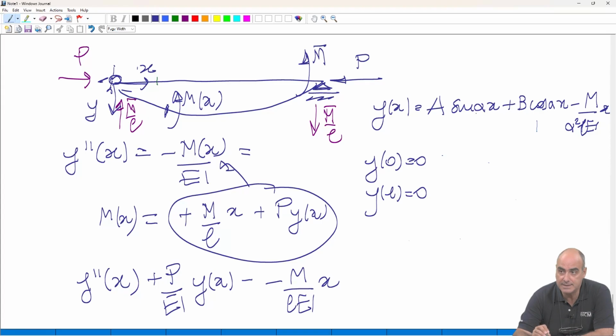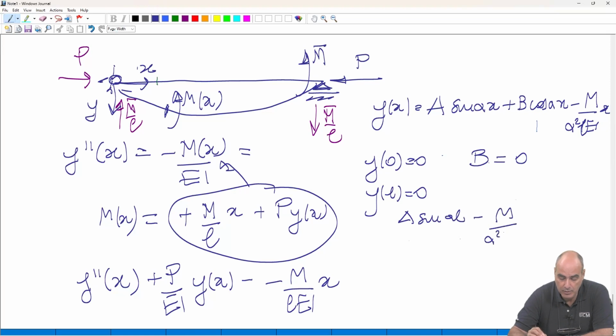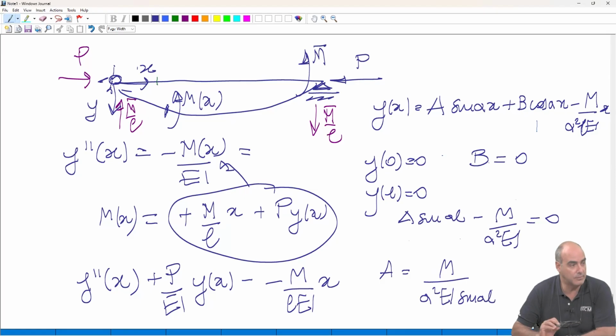Well, if I put x equal to 0, the sine of 0 is 0, the cosine of 0 is 1, so I have b equal to 0. And then I have a sin(αL) minus m over α² EJ equal to 0, which means a equal to m over α² EJ sin(αL).